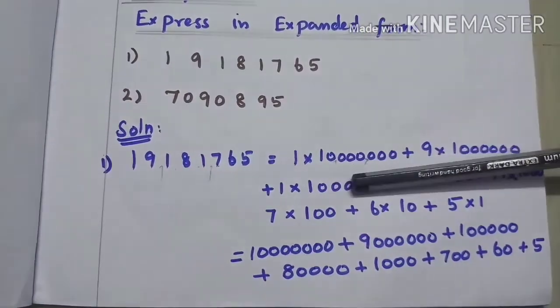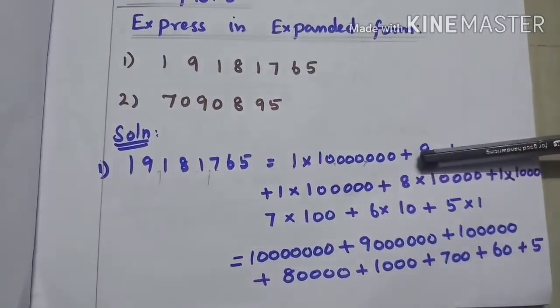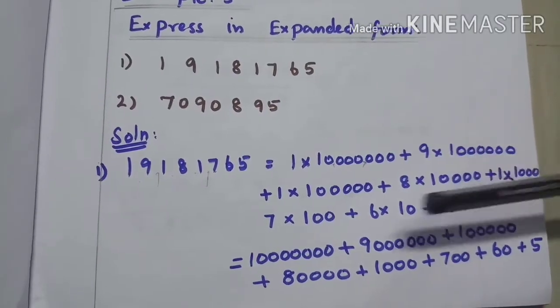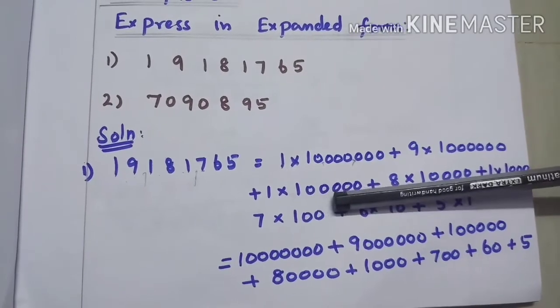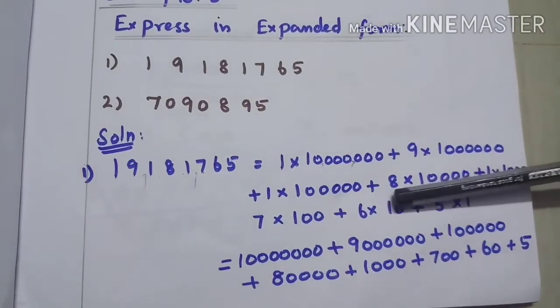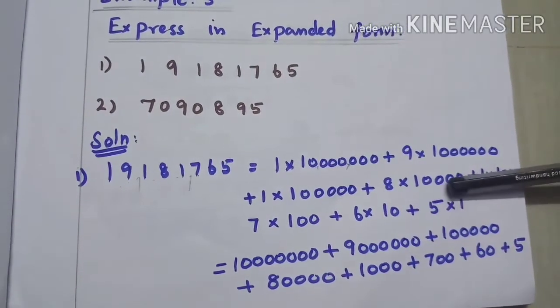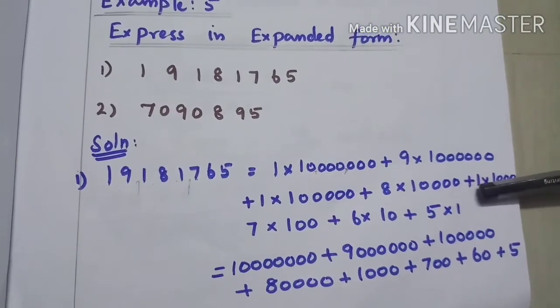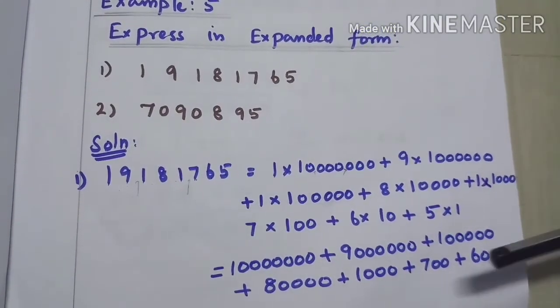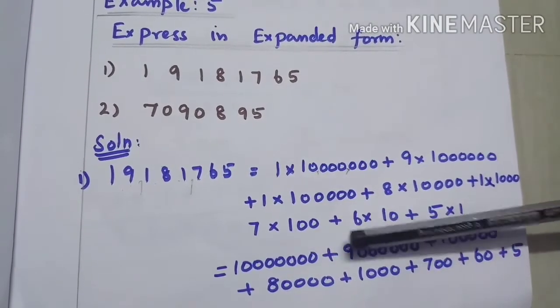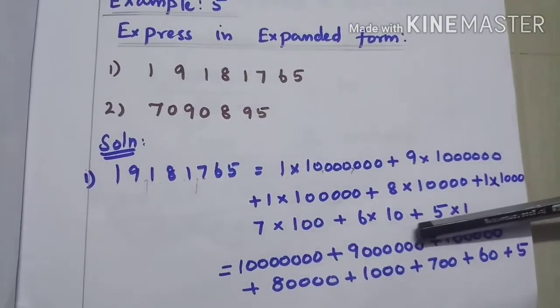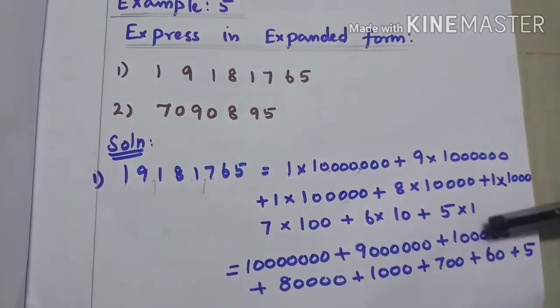1 into 10 million plus 9 into million plus 1 into 100,000 plus 8 into 10,000 plus 1 into 1,000 plus 7 into 100 plus 6 into 10 plus 5 into 1.